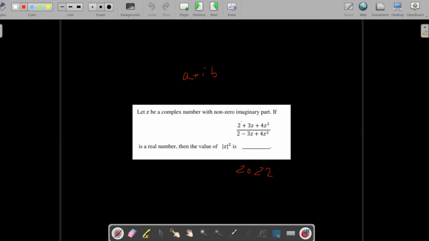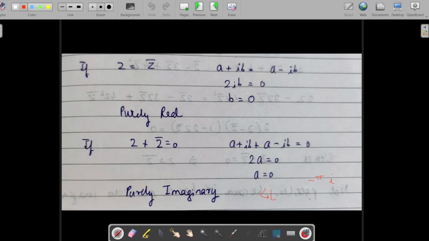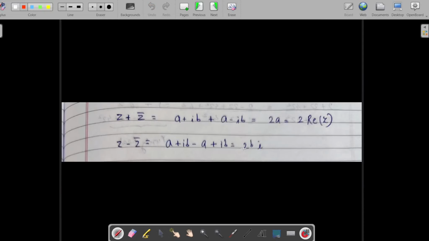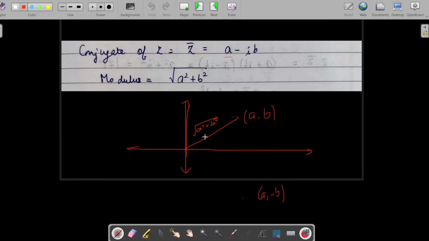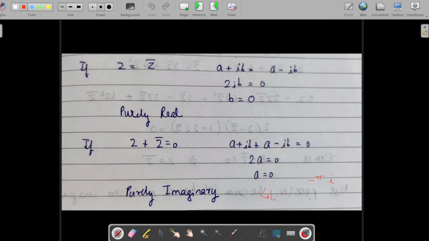Now in the original question, this entire term that we have just simplified is a real number. So what does this mean? That its imaginary part, that is when we express it as a plus ib, this part, that is b, has to be 0. And what do we know of numbers when those are purely real? z is equal to z bar, because b is equal to 0.